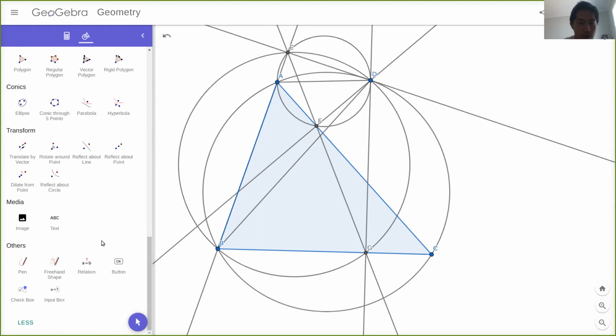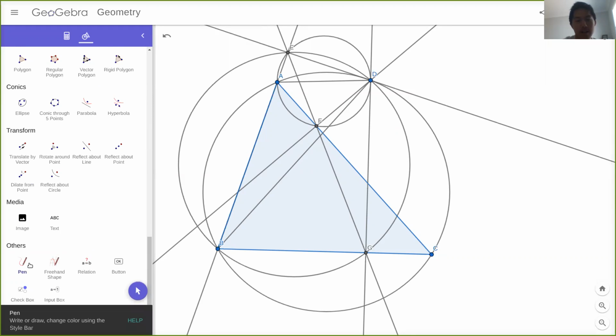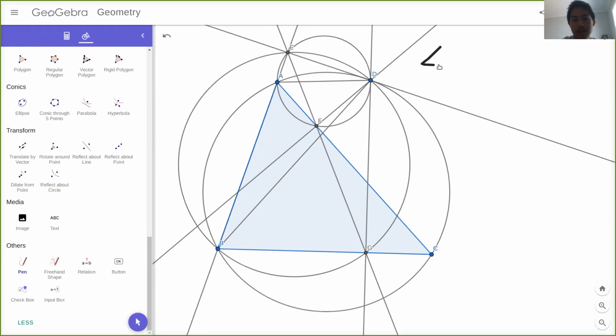So now we know that this original DEF, we got rid of the E, we got rid of the F. By cyclic quadrilaterals, we show that this angle is angle DAC.